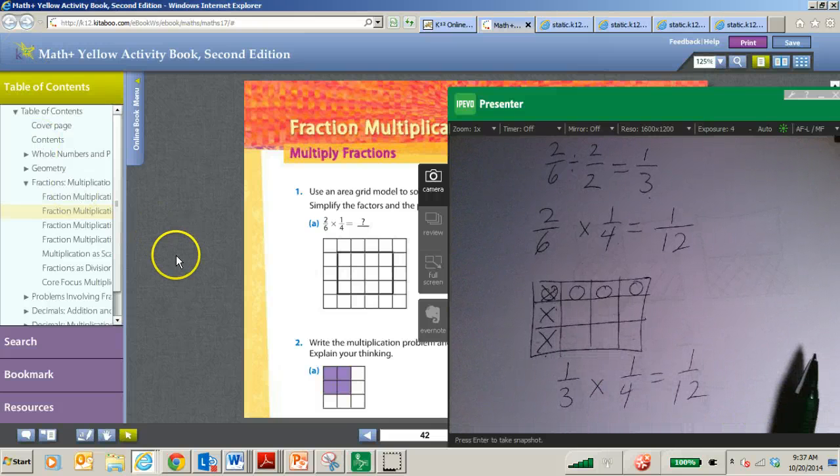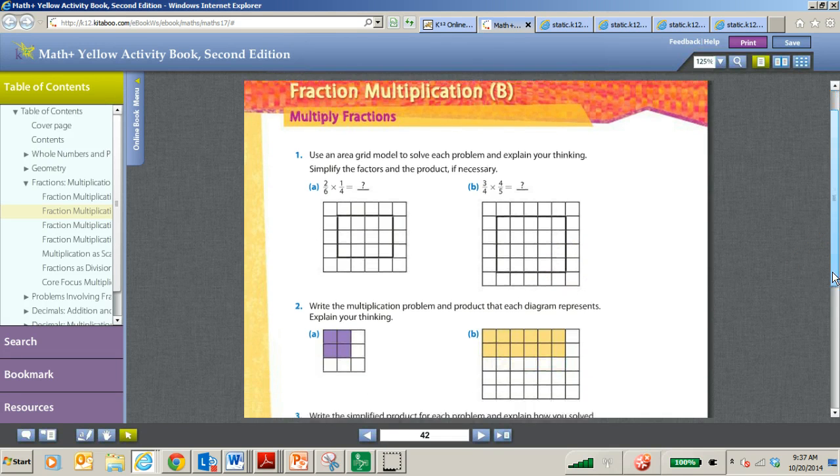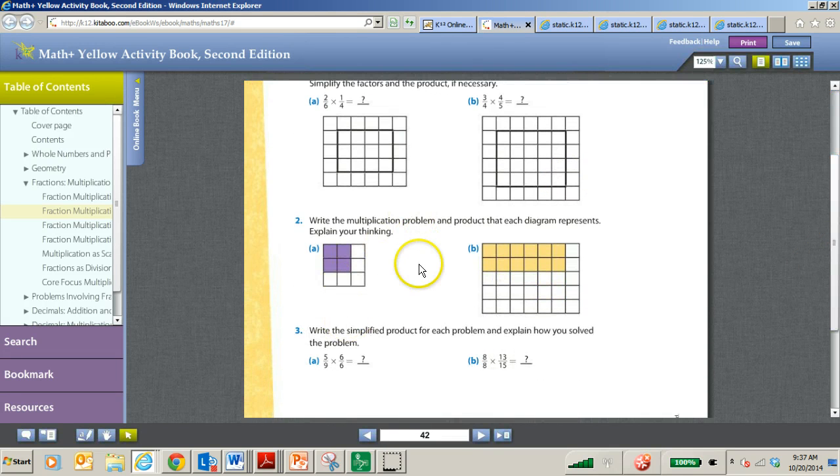So the same type of problem will be presented. Some of these are a little bit trickier, such as number 2, because it's already shaded in, and you can see the A and B sections are already shaded in.